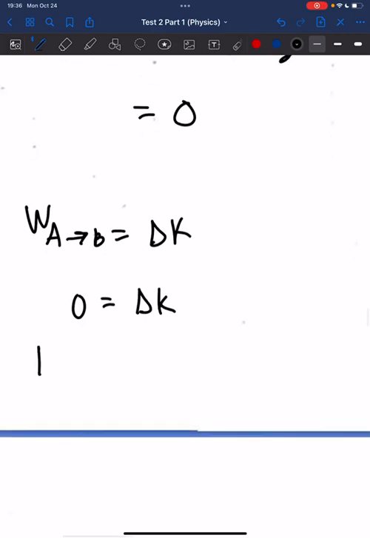Kinetic F, kinetic I. So we're going to do half of mv squared of the final minus half of mv squared of the initial.